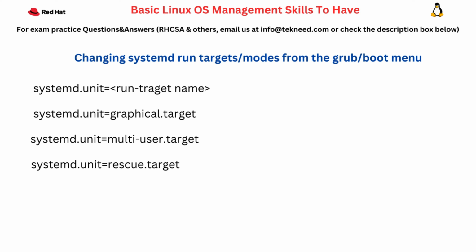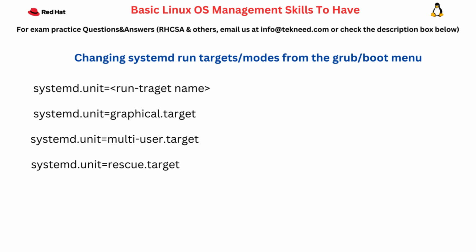So by the time you add this parameter at the end of the parameters for the Linux line, and you press Ctrl X from your keyboard, it is going to boot to that mode.